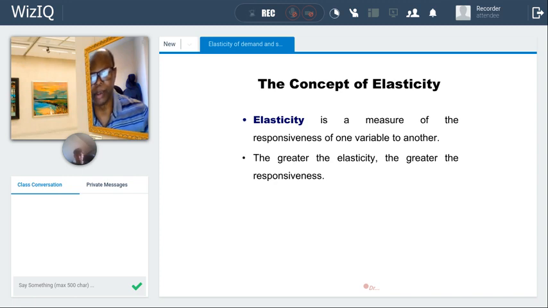No, the price is correct. What's the other? The two variables are the price and the demand, isn't it?